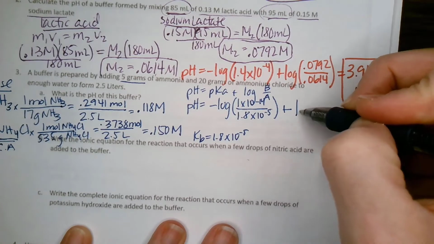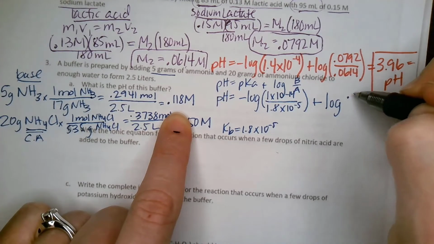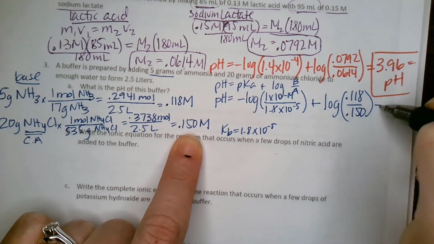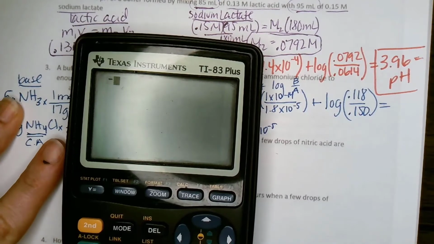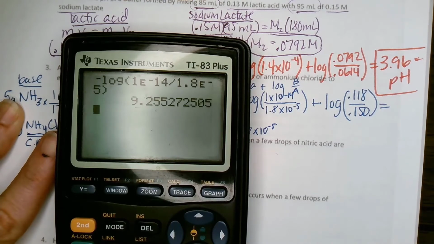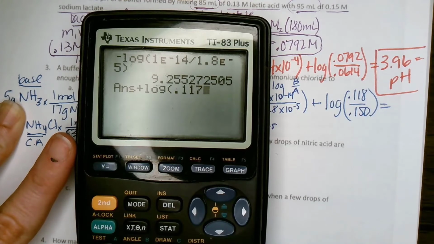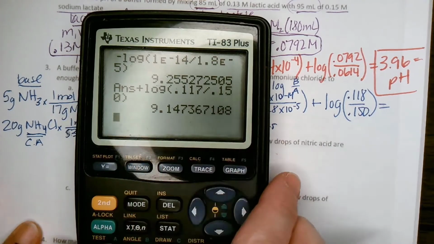So now let's do plus the log of our base, which is our 0.118, divided by my acid, 0.150. And let's see what we get here. The negative log of 1 times 10 to the negative 14th divided by 1.8 times 10 to the negative 5, plus the log of 0.118 divided by 0.150. We get a pH of 9.15.